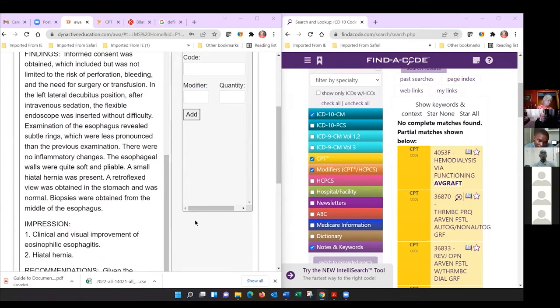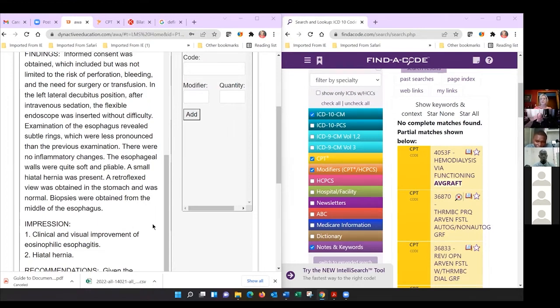Why is that important to note when you didn't take note that a view of the stomach was obtained also? Is that important? Well, no, because you think about it. He's got the scope down my throat. He's just telling you what he sees. So the stomach was normal. It's part of this procedure.